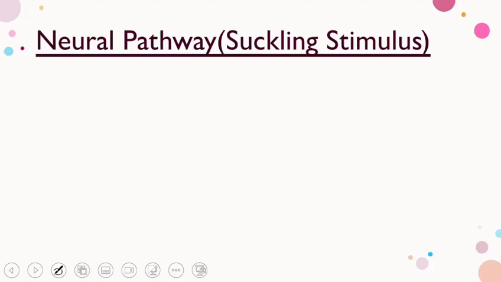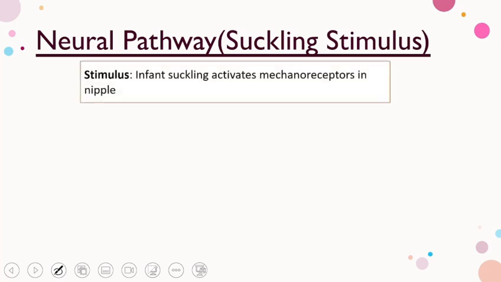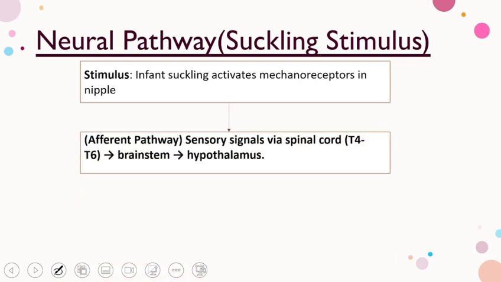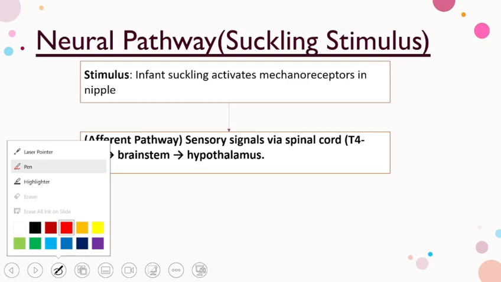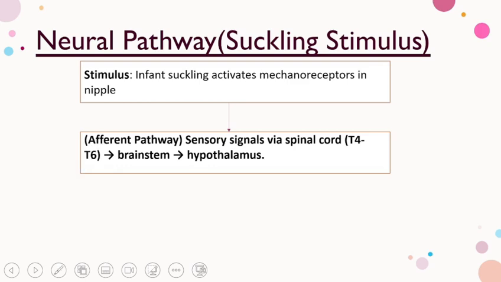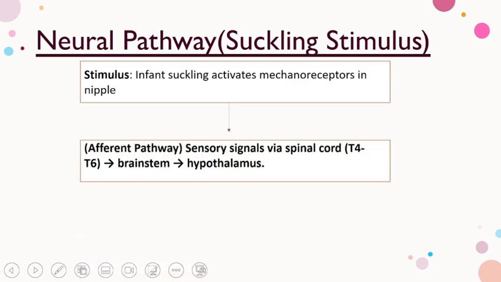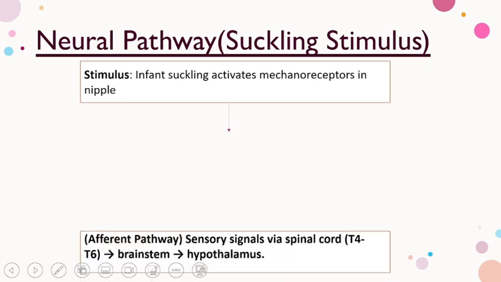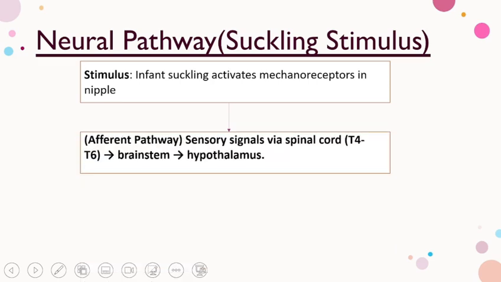Next, we see the neural pathway, or where the suckling stimulus is coming from. Here we see the infant suckling activates the mechanoreceptors in the nipple, and the stimulus from the mechanoreceptor goes through the afferent pathway via the spinal cord, from the spinal cord T4 to T6, reaches the brainstem and then the hypothalamus.